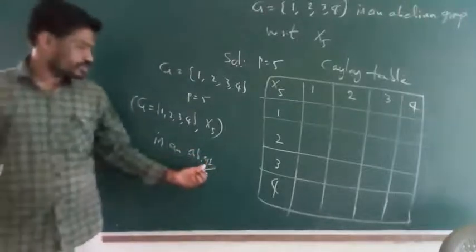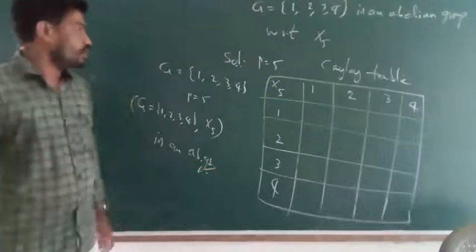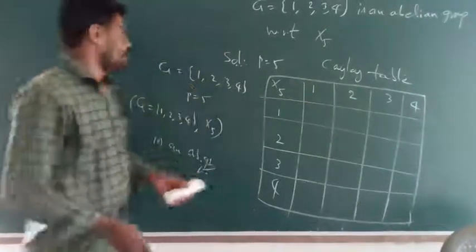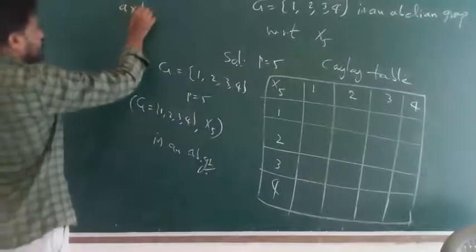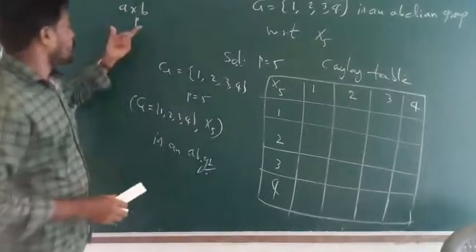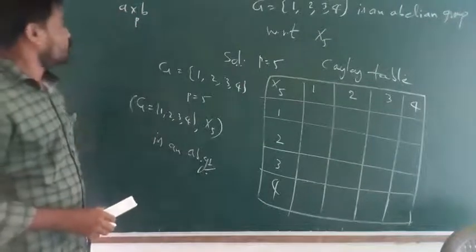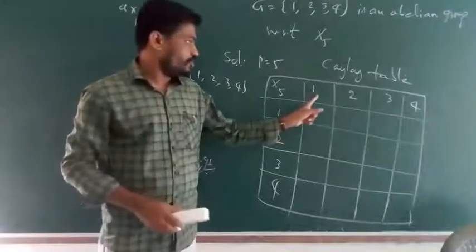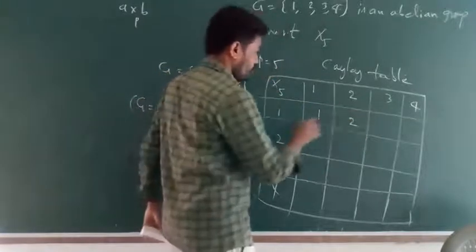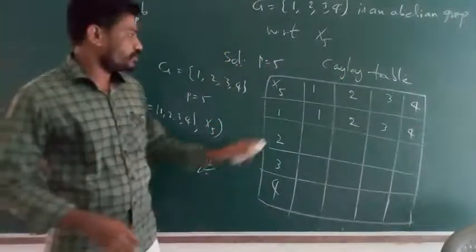The properties are closure, associativity, identity, inverse and commutativity. First, draw the Cayley table and apply the formula a cross b with respect to p, using multiplication mod p. First, 1 into 1 is 1, 1 into 2 is 2, 1 into 3 is 3, 1 into 4 is 4. These are less than 5, so write them directly.